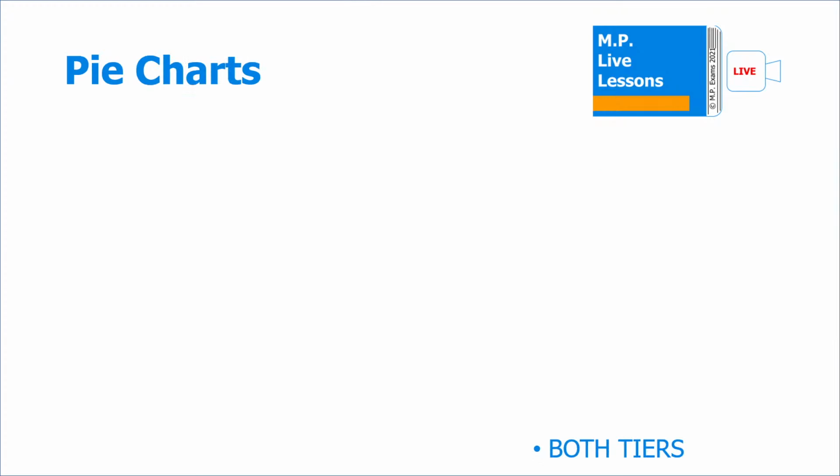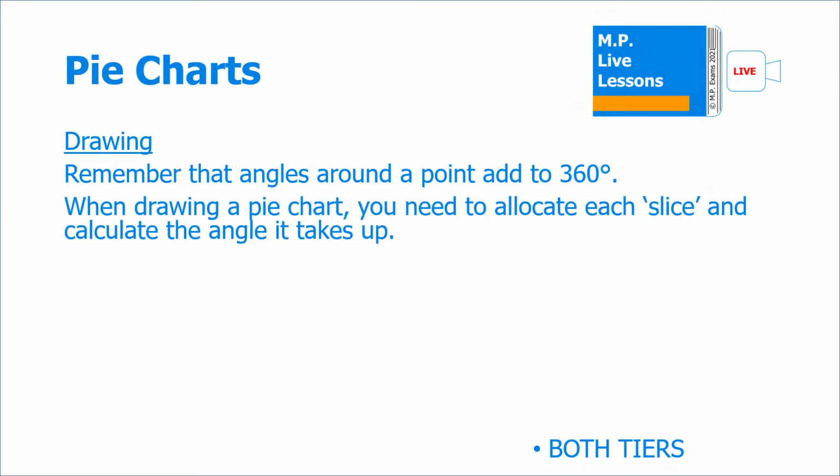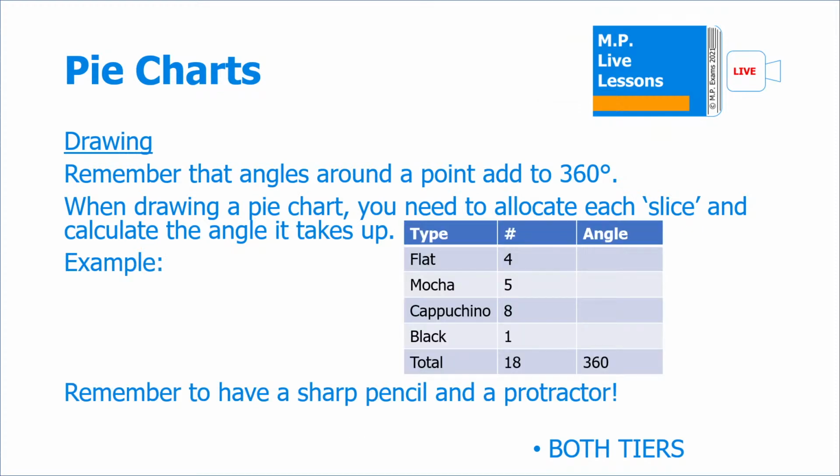Now we move on to some statistics, so pie charts. When drawing them, remember that the angles around a point add up to 360 degrees, and we're making a pie chart. You'll need to allocate each slice an equal portion of this 360 degrees. For example, I've got the data here. To find the angle, you do your number divided by 18 times 360, or rather just the number divided by the total you have, times 360.